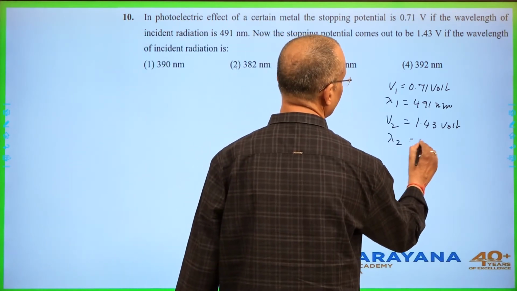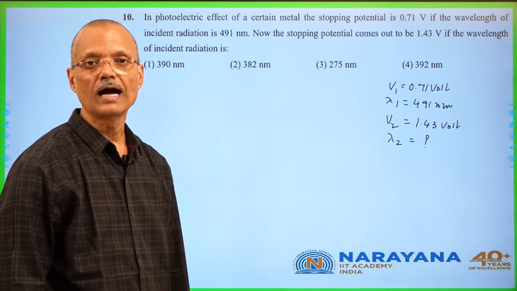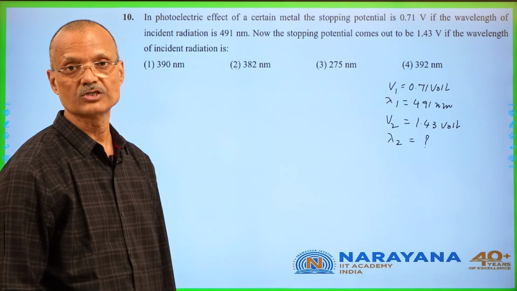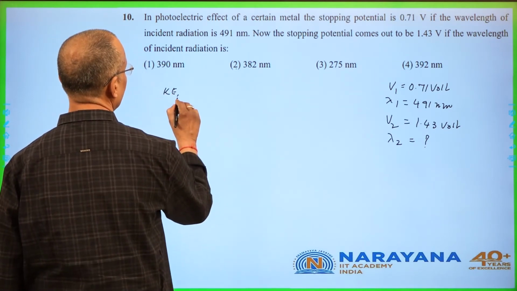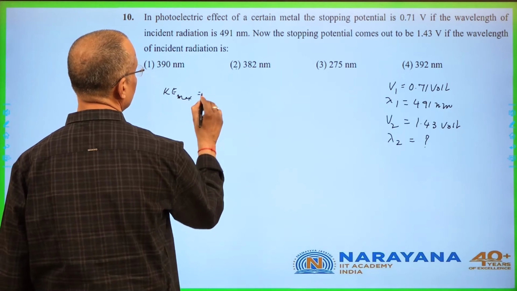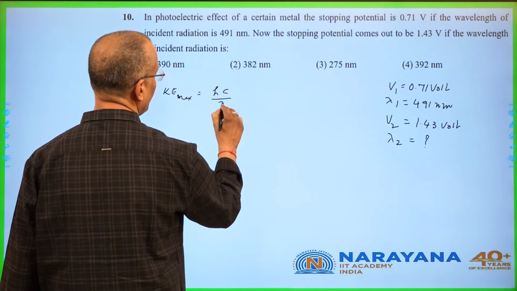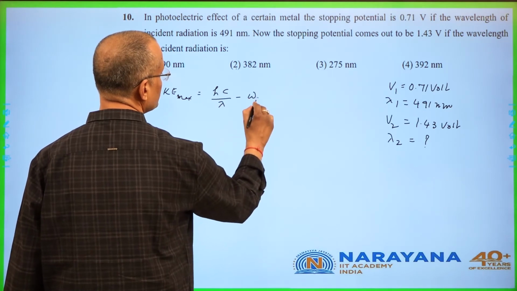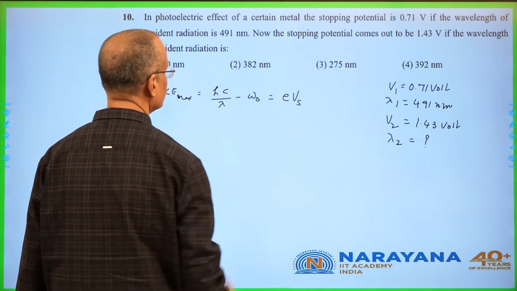This is a direct problem on the Einsteinian photoelectric equation. You know the kinetic energy max is equal to the energy of the incident photon, hc by lambda, minus W naught, and this is eV s.